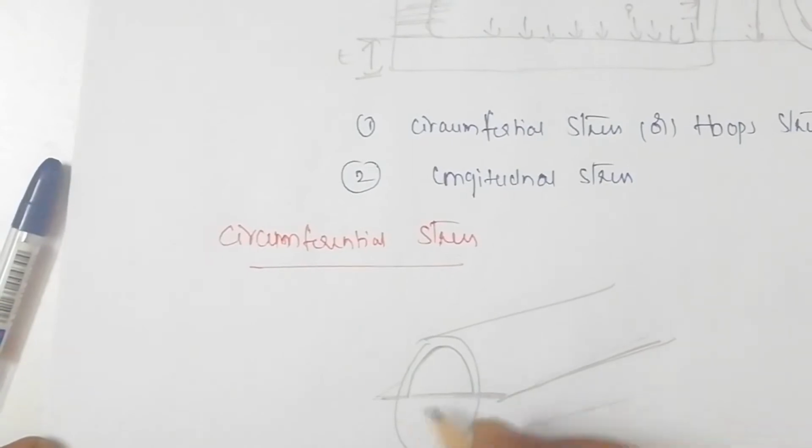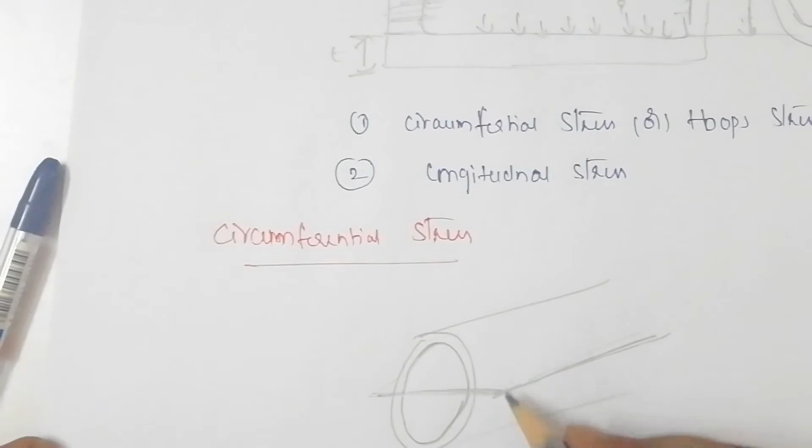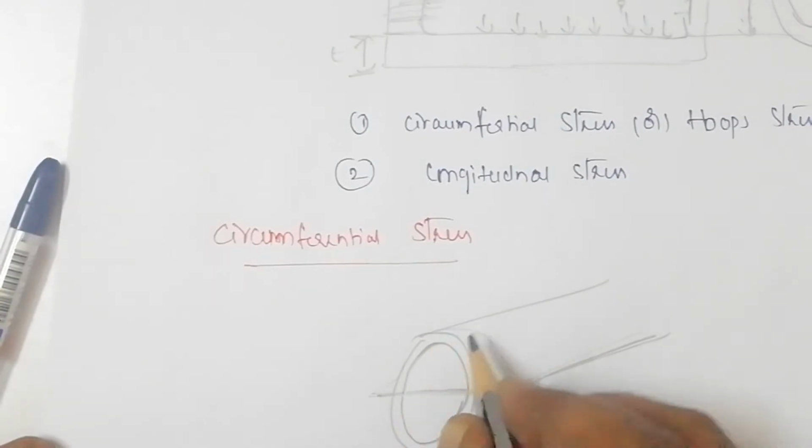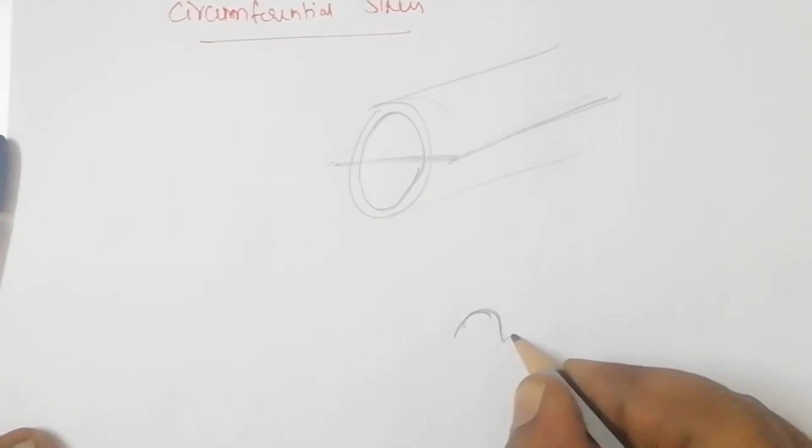So, below this, above this, below this, above this. Now, below this, here if you see, so we will draw this here again, clear. So, if you see this, this will appear like this when you cut it.